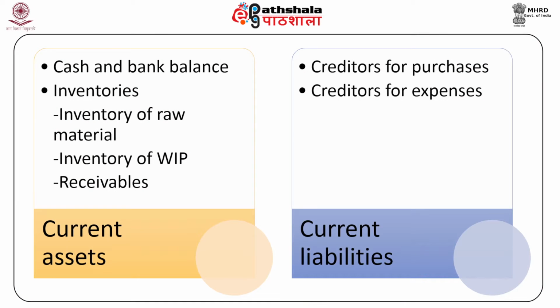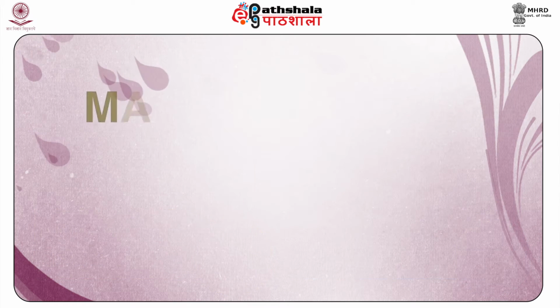The various components of working capital can broadly be classified as current assets. Examples of current assets are cash and bank balance, inventories, inventory of raw material, inventory of work in progress, receivables, etc. Examples of current liabilities are creditors for purchases and creditors for expenses.